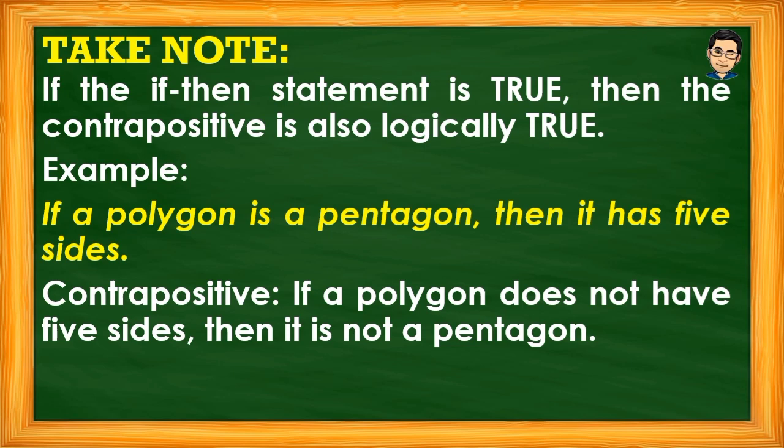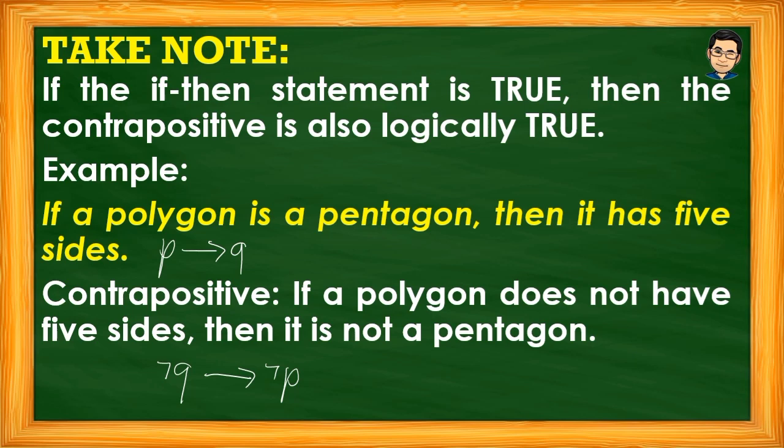So, yung ating conditional statement, yung if-then natin is P implies Q. And then, yung ating contrapositive naman is negation Q implies negation P. So, pagbabalik rin po natin ang posisyon ng hypothesis and conclusion. As you can see, ayan, nakabaligtad po. And then, lalagyan po natin ng negation word. So, dito ang ginamit nating negation word is not.